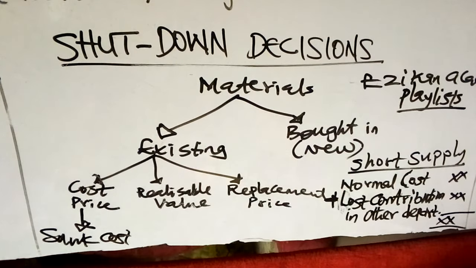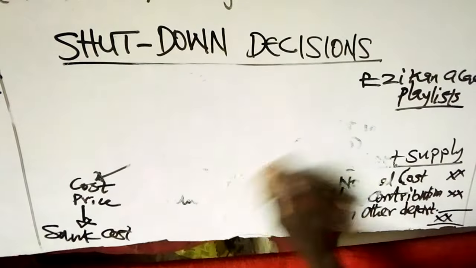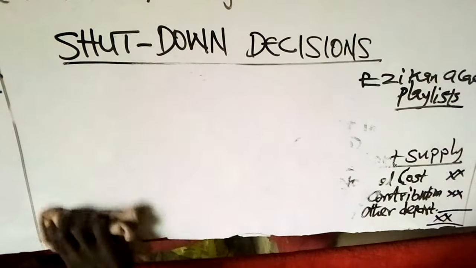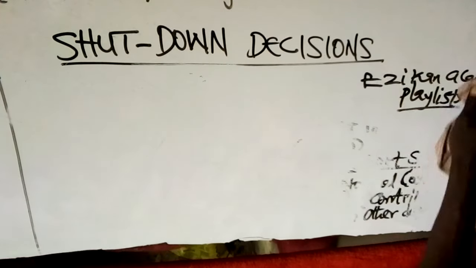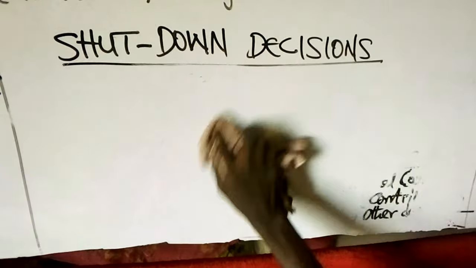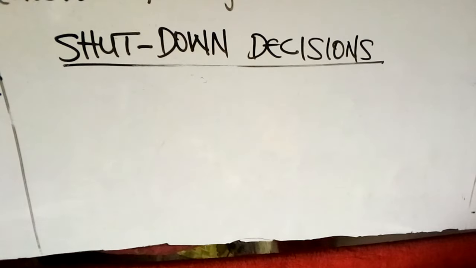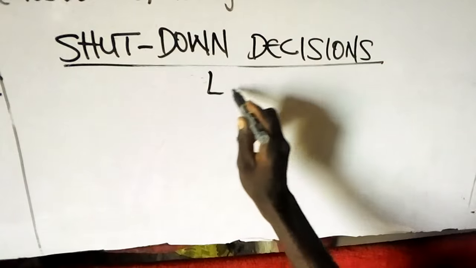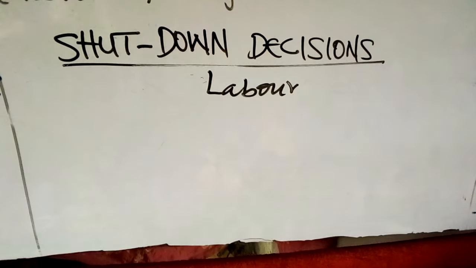Then the next concept I'm going to look at is labor. All these concepts have been explained in my presentation on relevant costing. So labor, what is labor? Labor is a human effort used in production.